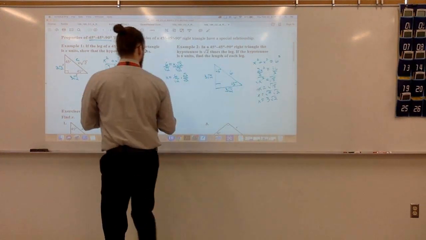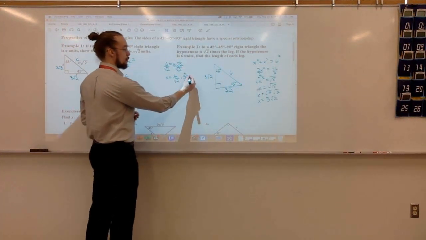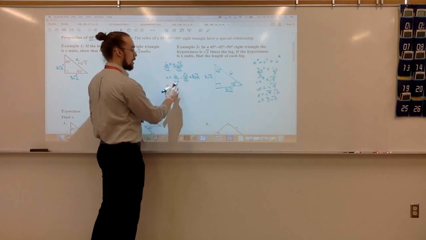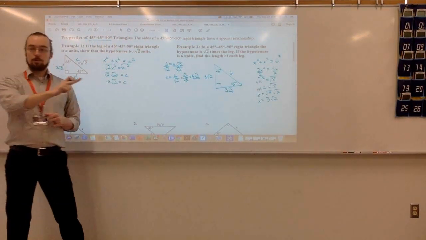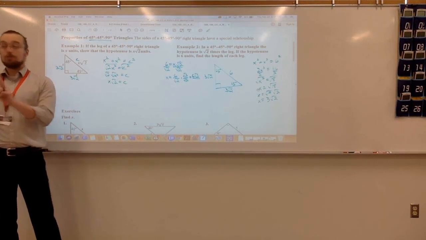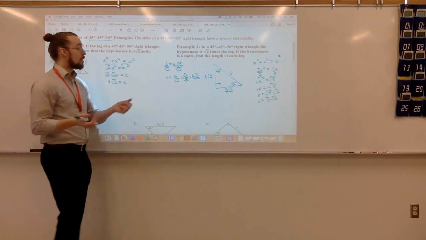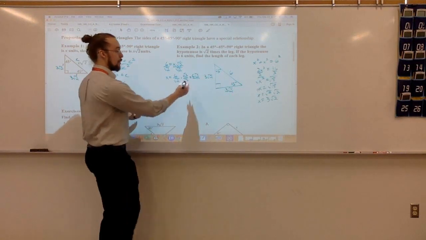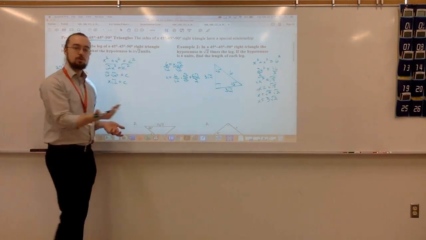So what ends up happening then? Right, I will get 6 times the square root of 2 in the numerator. Now what's the square root of 2 times the square root of 2? The square root of 4, which is just 2. Right? So whenever we're multiplying a square root by itself, that's essentially squaring the square root. So we just get 2.